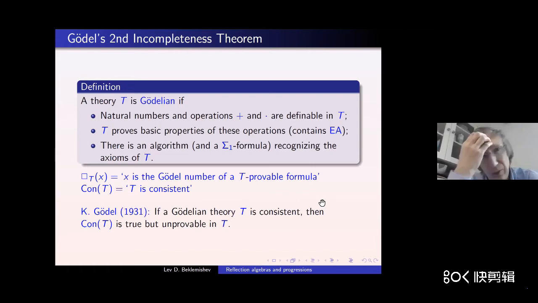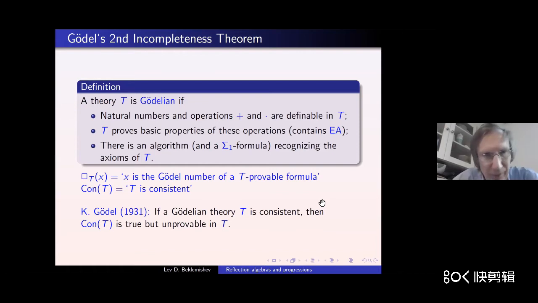Firstly, we assume that the natural numbers and operations plus and times are definable in T. One can assume that they are just part of the language of T, if T is in the language of arithmetic. One can also, if we want our results to be applied to larger classes of systems, assume that these operations are definable in T in terms of relative interpretation, for example, no matter what it is.